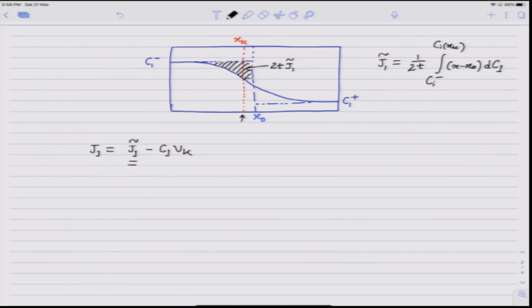Now C1 at the marker plane we know, and we need to know Vk, that is the velocity at which the marker plane is moving at the diffusion time t.